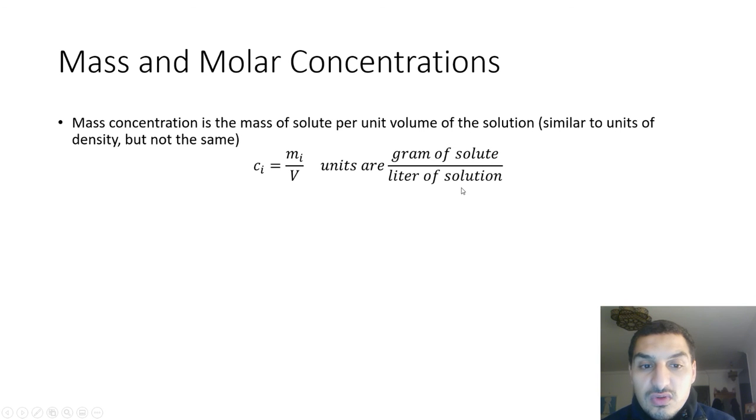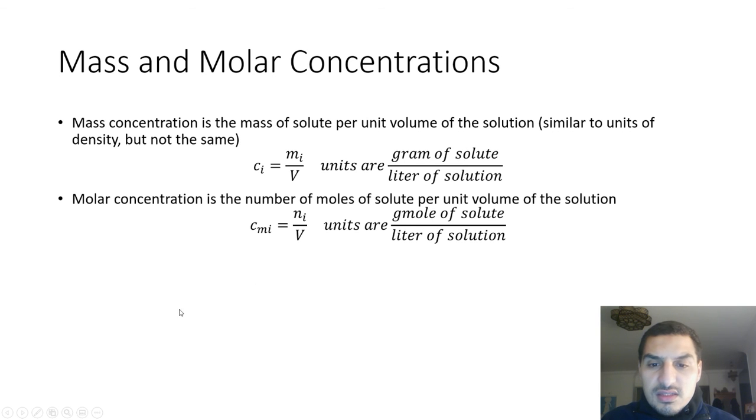This is the solute and this is the solution. It might be confusing with the density. Density is the mass and volume of the same species, for example the mass and volume of the same amount of water. But here you have the mass of the solute divided by the volume of the solution.